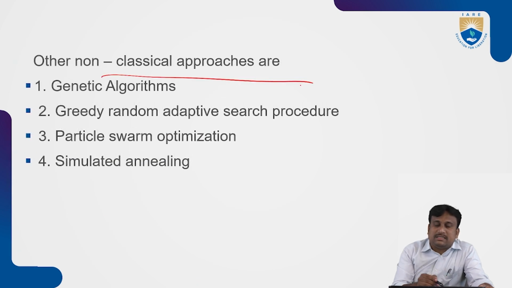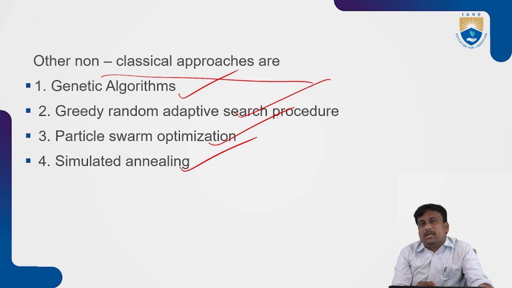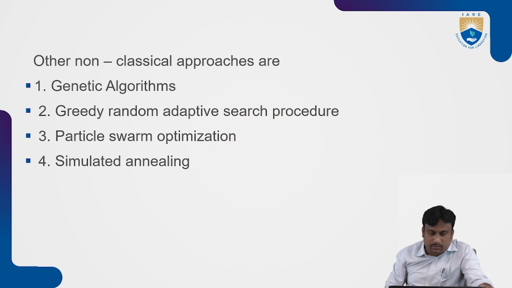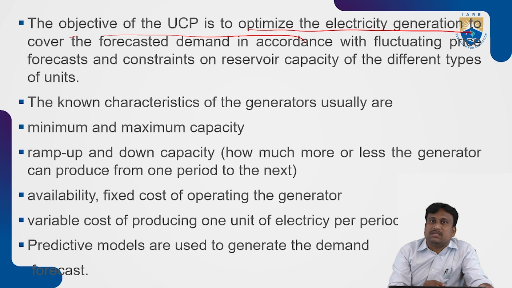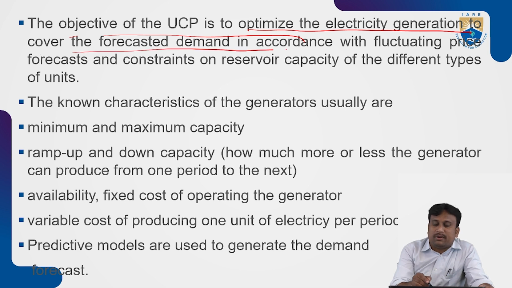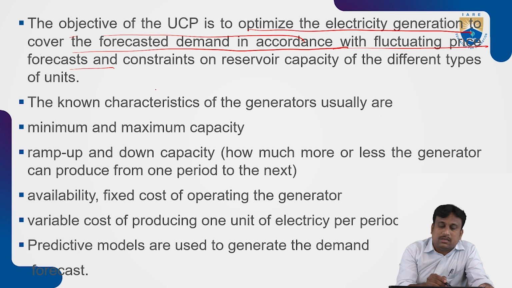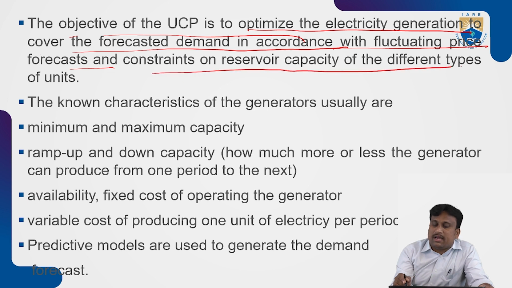Other non-classical methods are genetic algorithms, greedy randomized adaptive search procedure, particle swarm optimization, and simulated annealing procedures. These are other methods that can be used. Whatever the method, the objective of the unit commitment problem is to optimize the electricity generation to cover the forecasted demand in accordance with the fluctuating price and the constraints on reservoir capacity of the different units.